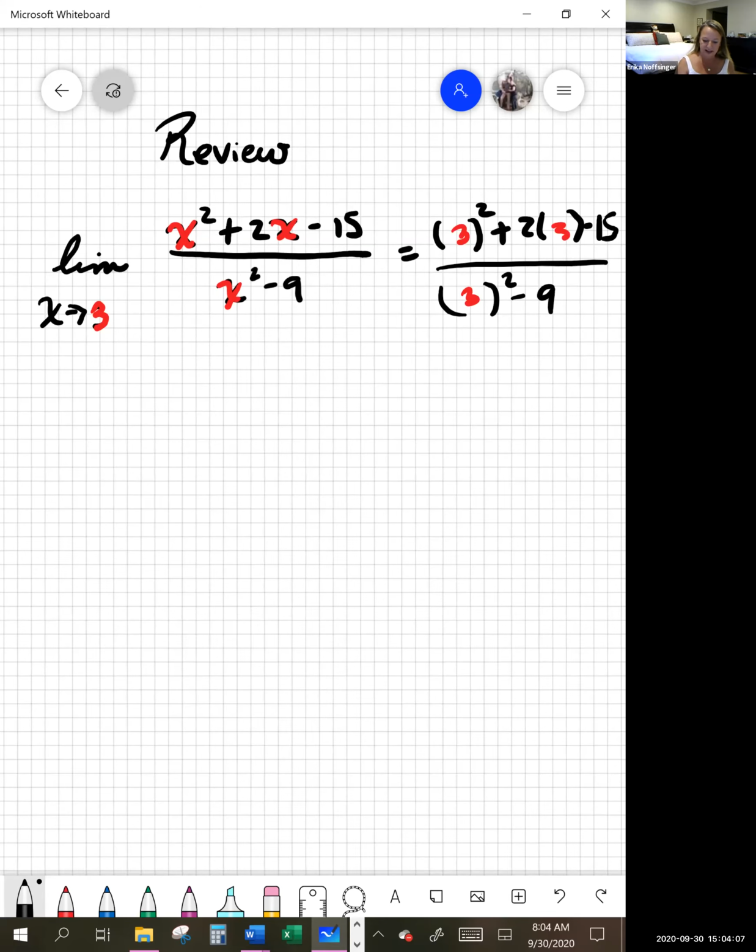So simplifying this, we get 9 plus 6 minus 15 all over 9 minus 9, and we get 0 over 0.